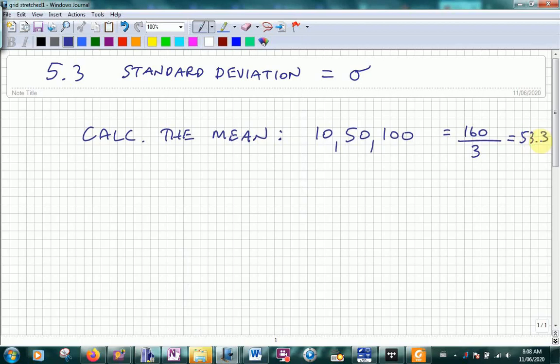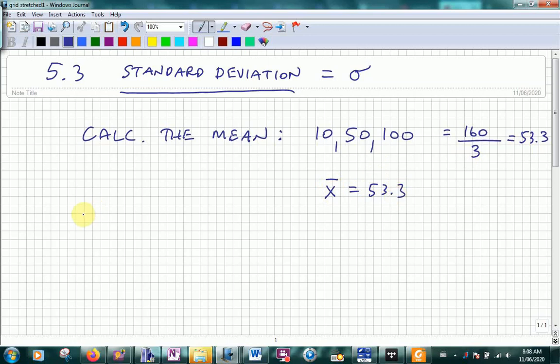So I used the word range. This person is not very consistent. There's another word for consistency: standard deviation. By the way, there's a symbol for mean. X bar, this is called.